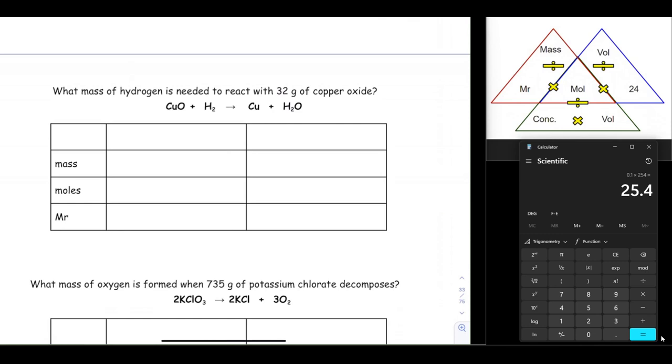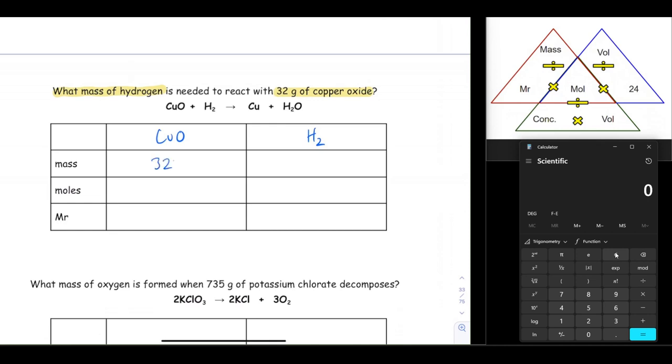What mass of hydrogen is needed to react with 32 grams of copper oxide? Well, I'm working out the mass of hydrogen, and I know I've got 32 grams of copper oxide. So I've got CuO on this side, and I need to find out the mass of hydrogen here. The equation is balanced, so I've got 32 grams.